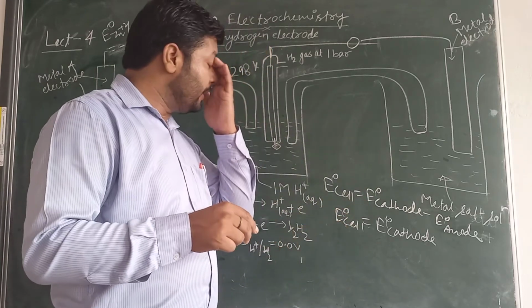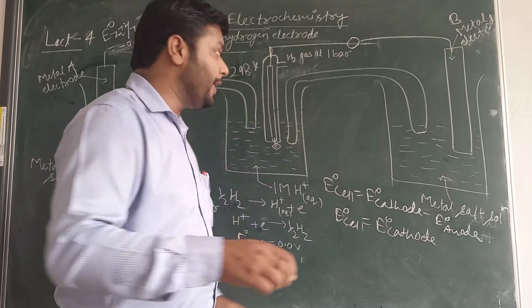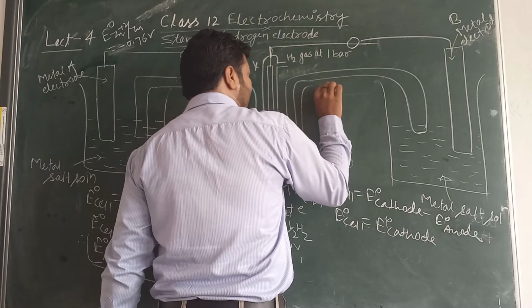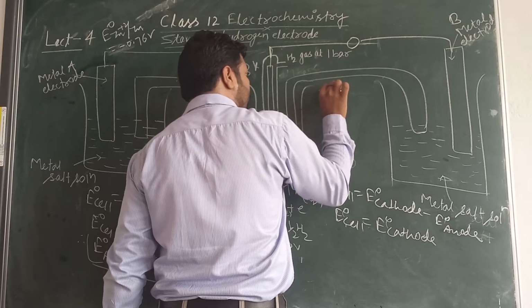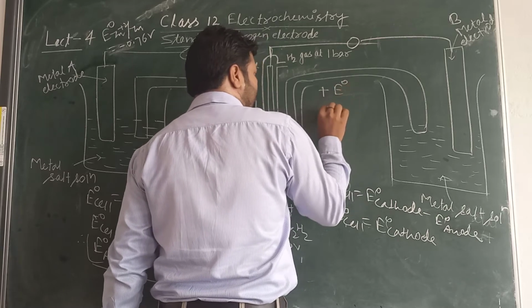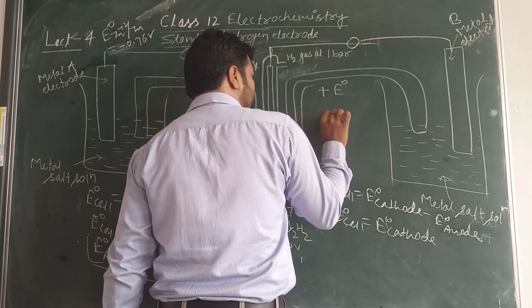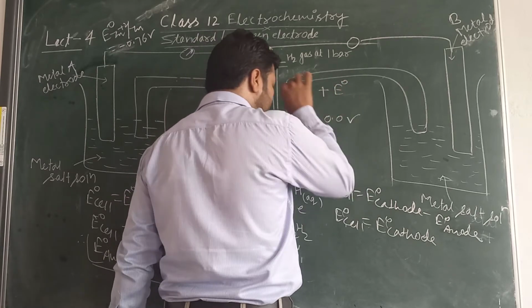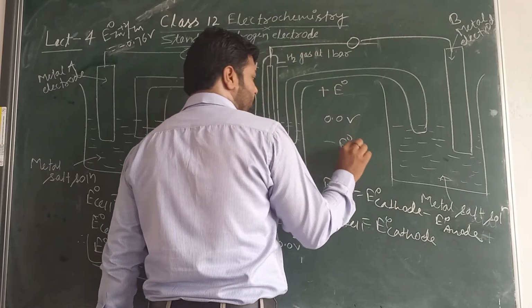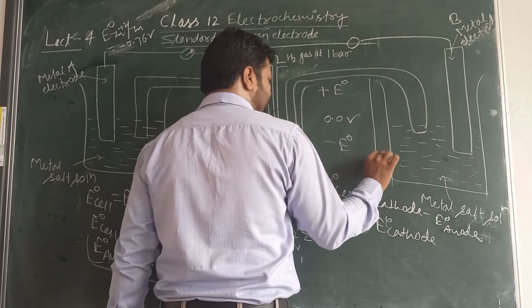That's why in descending order, we first have positive E naught, then 0.0 volt, and then negative E naught. The value is like this.